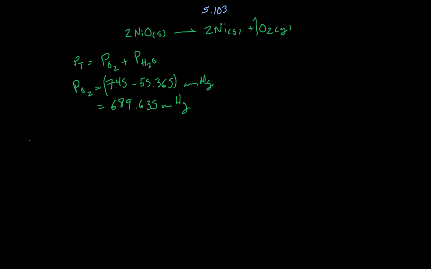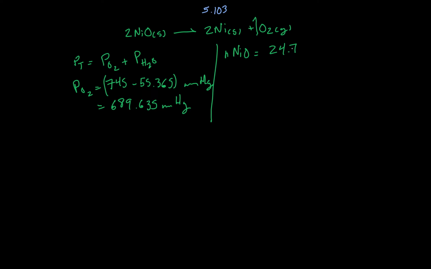So now we can calculate the moles of oxygen from the moles of nickel oxide. Let's do that over here on this side. First let's start with our moles of nickel oxide. We were given a mass for this, 24.78 grams.